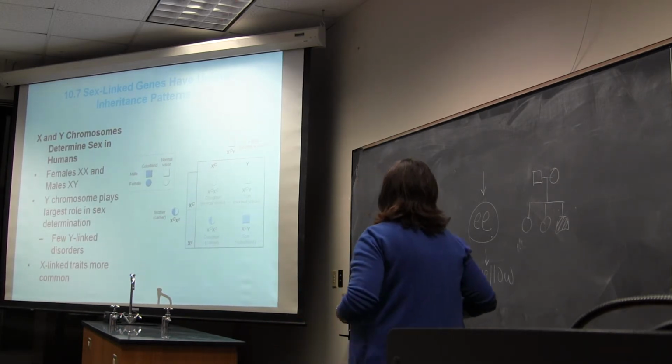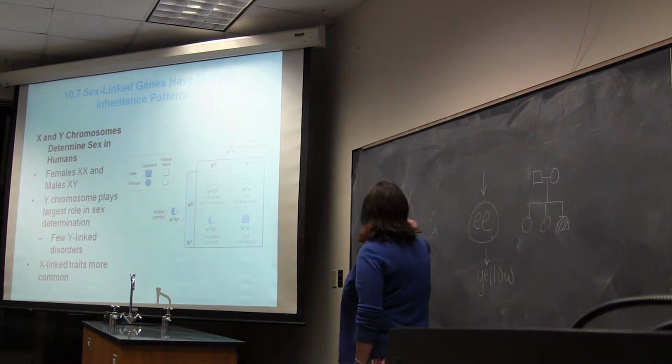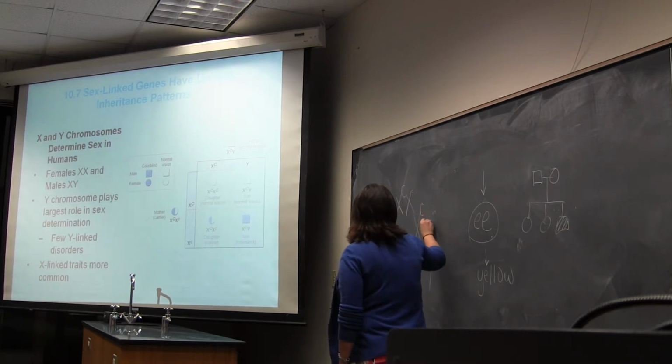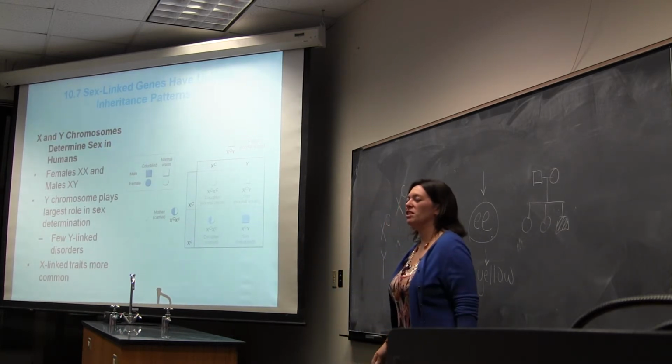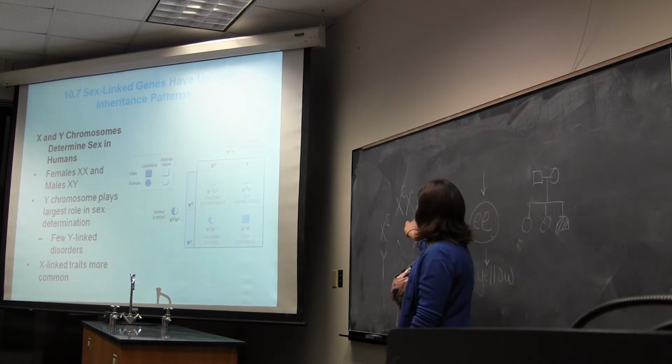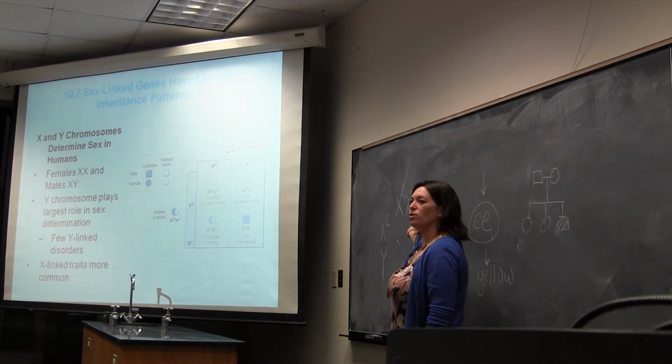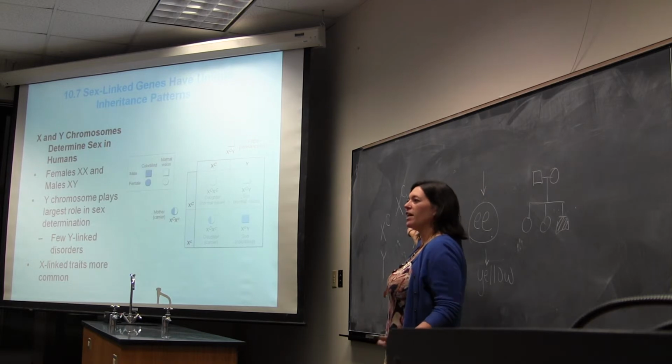The reason it affects males more is because if females have one bad copy, they're still okay because they've got a backup. That's why females are not as affected by color blindness as males.